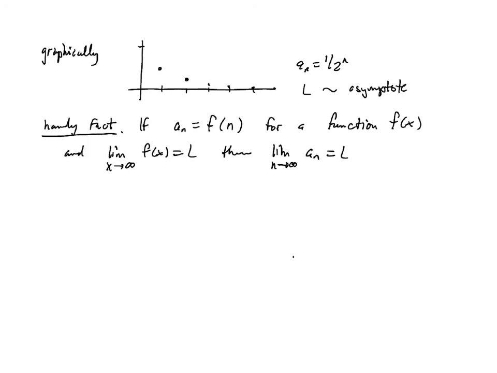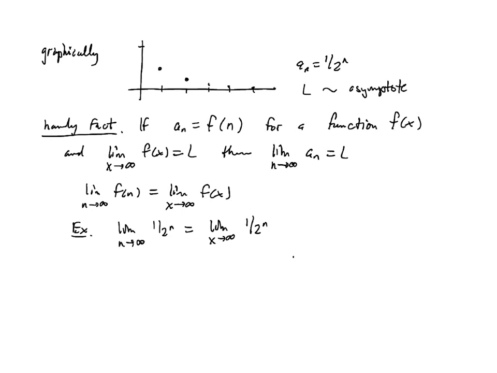If you like, a short way to write this would be that the limit as n goes to infinity of f(n) is the limit as x goes to infinity of f(x), which is of course something that makes perfect sense. So in our example, the limit as n goes to infinity of 1 over 2^n is the limit as x goes to infinity of 1 over 2^x. And we know exactly what that limit is because the graph of 1 over 2^x has a horizontal asymptote as x goes to positive infinity, which is exactly 0.